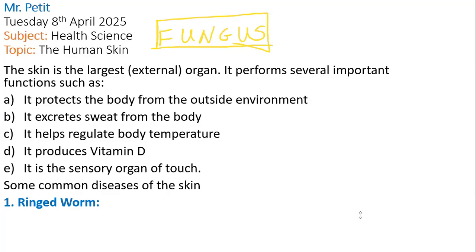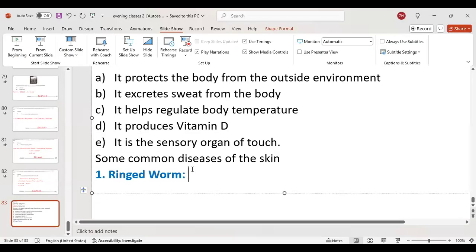All right. So, and it's highly contagious. So just bear in mind. So, has anyone ever had ringworm before? Once. Yes, sir. No. I had a ringworm in my hair before, I think.